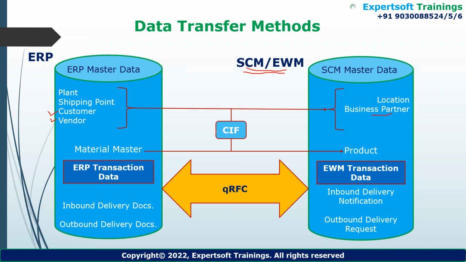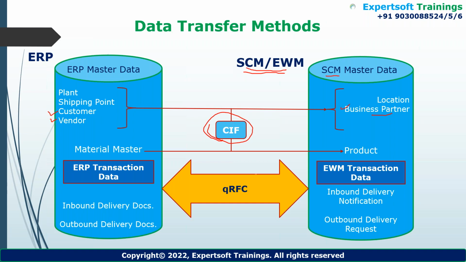For master data, they were using SIF, the core interface. This is a terminology from the SCM system, the APO core interface. The same methodology is used to transfer the master data for EWM. For your plant and shipping point, the system creates a location. From your customer and vendor, the system creates a business partner.